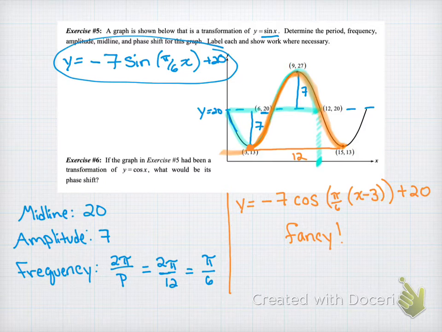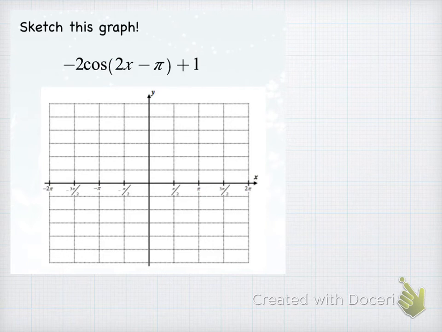Okay? Now, last thing we're going to do today is take a function that's given to you and graph it. In order to graph this function, I'm going to need all the pieces that we have talked about. So I need to know: is there a reflection? What is the amplitude?